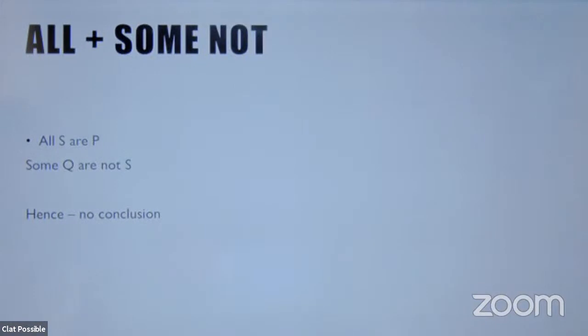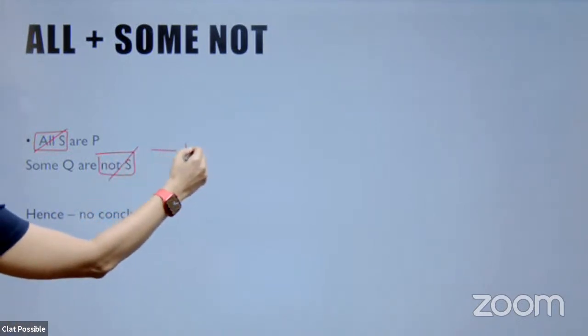Now, what if the middle term is written with both all and not? This also gets eliminated. This also gets eliminated. There is no conclusion.